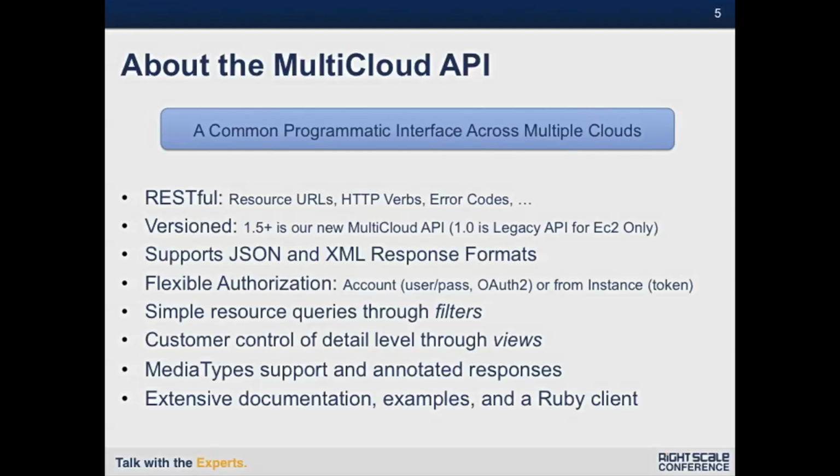There's also a Ruby client that we have, the RightAPI client repo, which is a wrapper for very easily making all these calls through Ruby. So if you're using Ruby, definitely check that out. I have an example at the end.